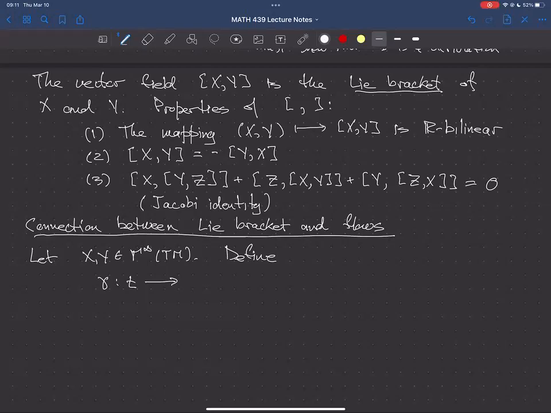I'm going to start at a point x in M. Then I'm going to take the integral curve of the vector field capital X through the point little x for time t. I'm going to draw a picture here to illustrate this. Then, starting with this initial condition for this given time t, I'm going to take the integral curve of Y through that point.